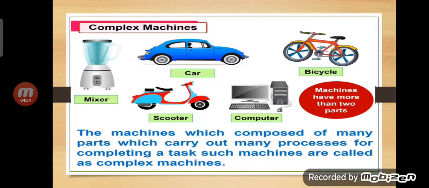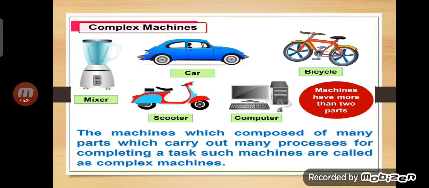Yeah, such machines are called complex machines. So let's define, children, what is a complex machine. Yeah, the machines which are composed of many parts which carry out many processes for completing a task, such machines are called complex machines. Okay, children?